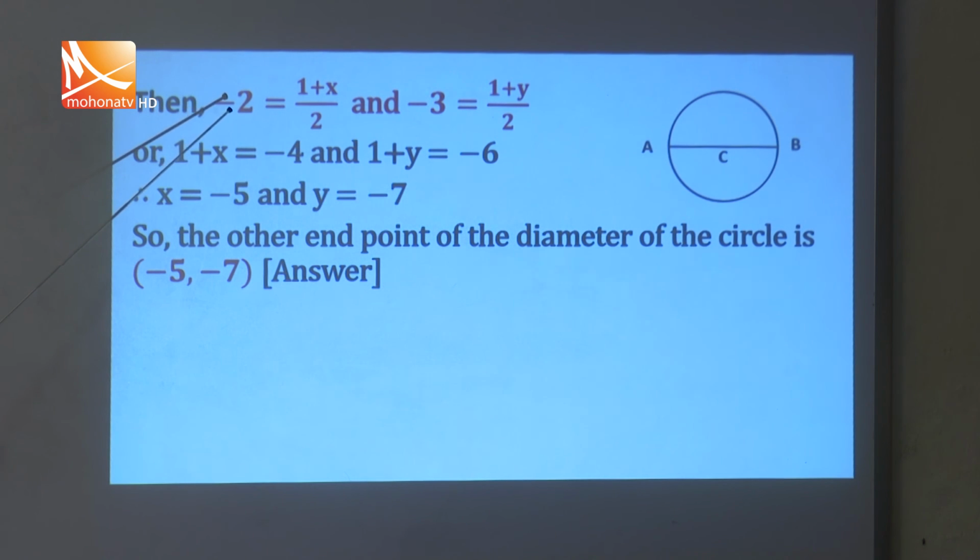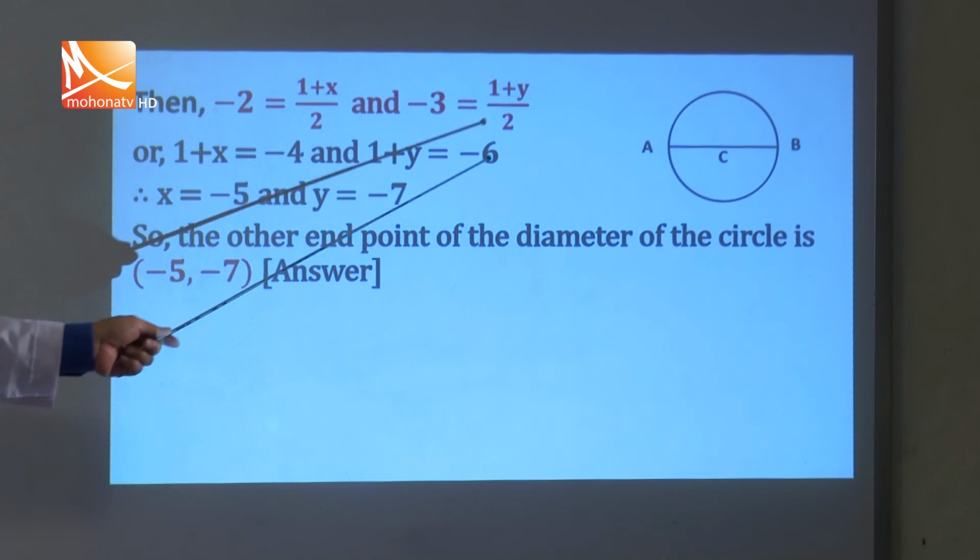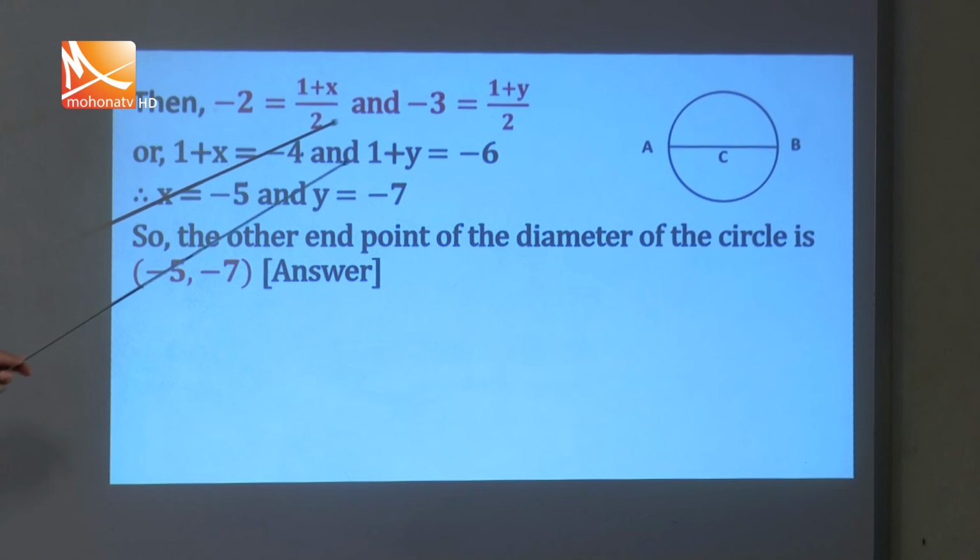Then we can write down minus 2 equals to 1 plus x by 2 and minus 3 is equal to 1 plus y by 2. By making calculation of this part, we get x equals to minus 5 and y is equal to minus 7. So the other end point of the diameter is minus 5 comma minus 7.